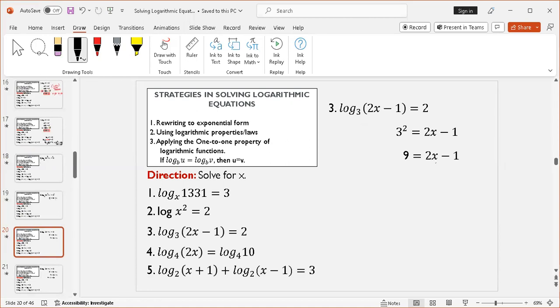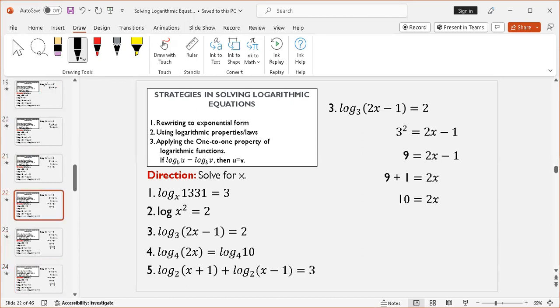Next, we need to solve for x. What should be the next step? Applying the addition property of equality, it will give us 9 plus 1 equals 2x. And then, combining these two terms, it will give us 10.